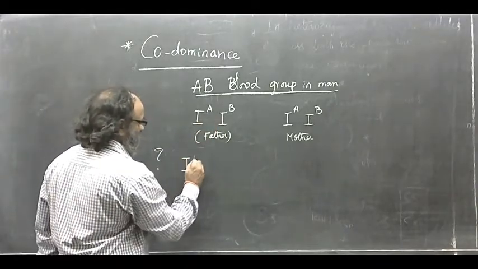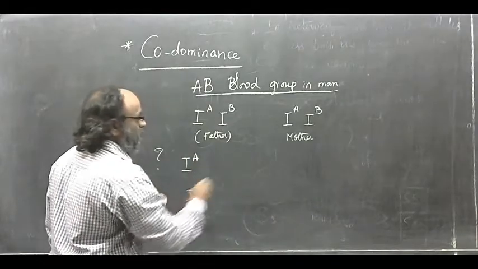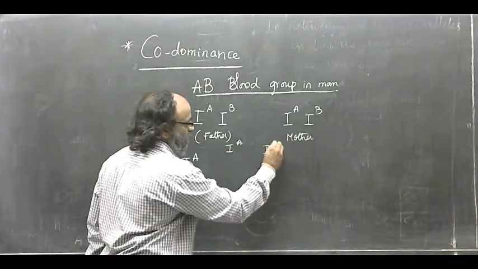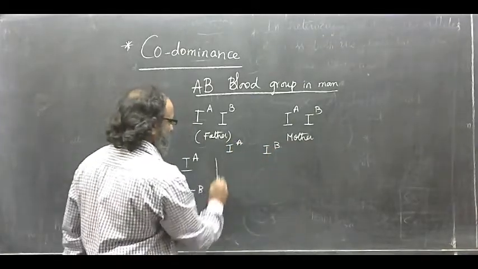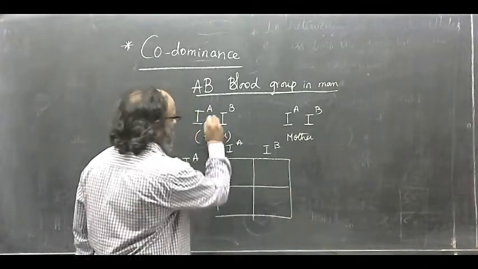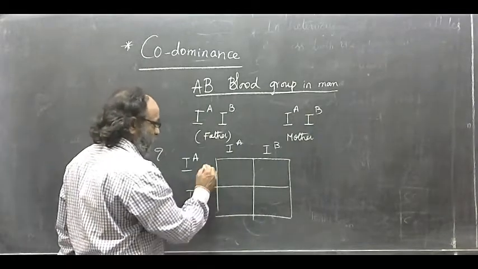Now, using the checkerboard method, it is IA, IB. Now we are going to get the children of this couple with the AB blood groups.